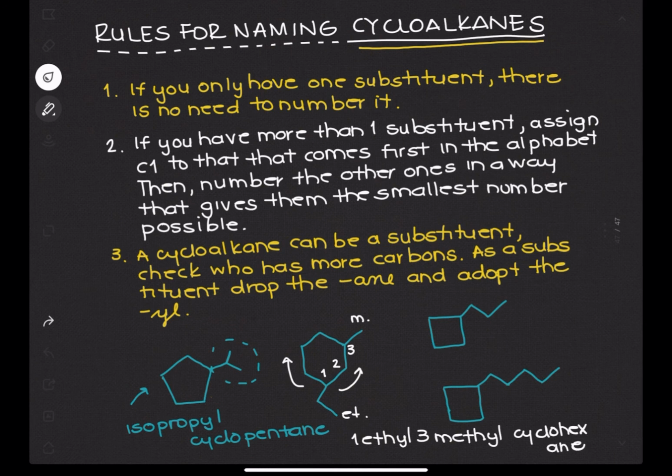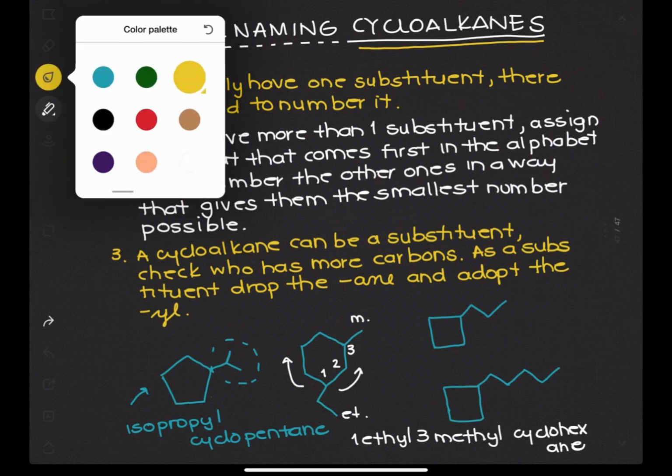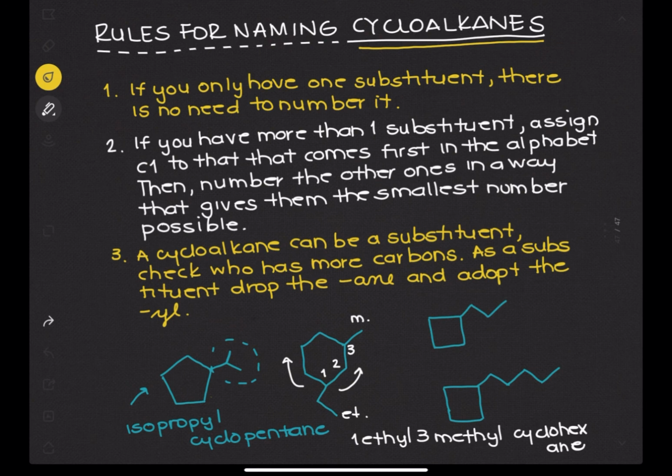And the last rule would be: a cycloalkane can be a substituent. Check which has more carbons. As a substituent, drop the ane and adopt the yl. So this rule would be for this last one. Let me change colors. In this case, I have a cyclobutyl. I have 1, 2, 3, 4.